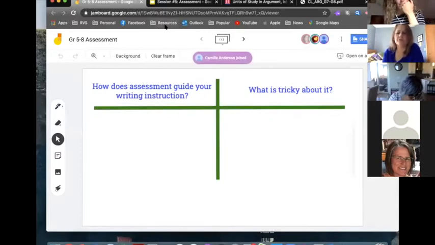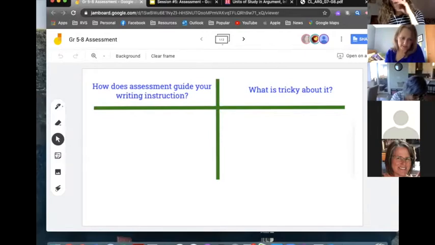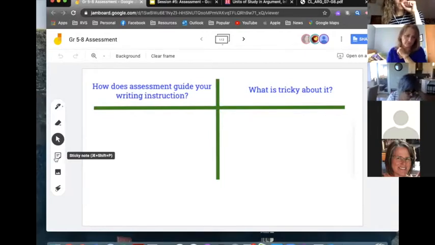And so if you're new to our sessions today, the Jamboard is a Google Chrome extension. Once you get into it, what you'll see is down the left-hand side, there's the ability to have sticky notes.